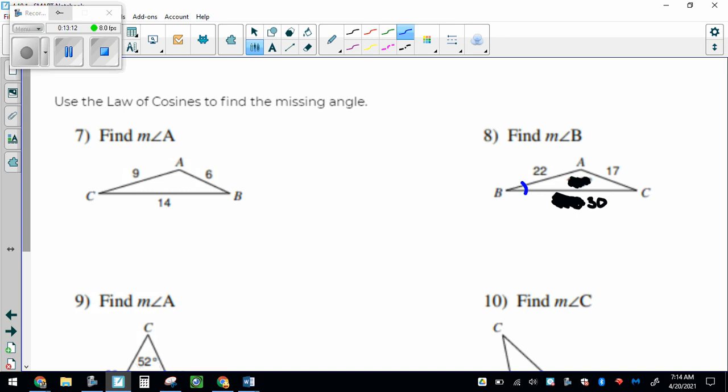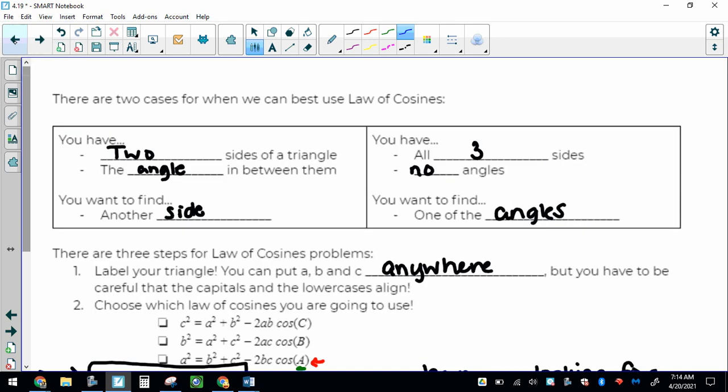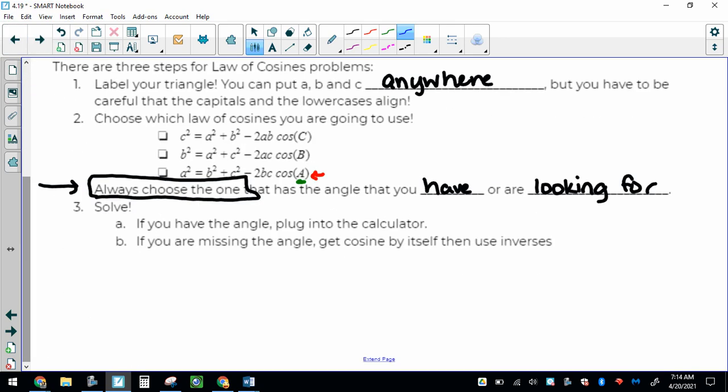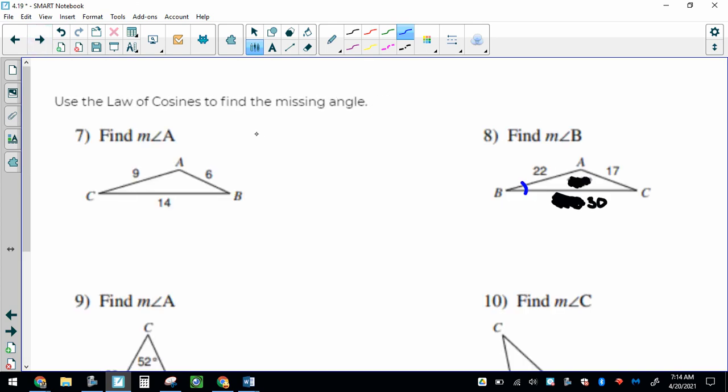So we're going to go back to our notes, because if it asked us to find angle B, we're going to look for the angle, and this middle law of cosines is the one that we're going to use. So B squared equals A squared plus C squared minus 2AC cosine B. All right, we're going to fill in everything. Across from big B is little b, across from big C is little c, across from big A is little a. So let's fill in everything.